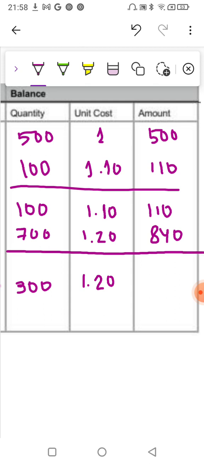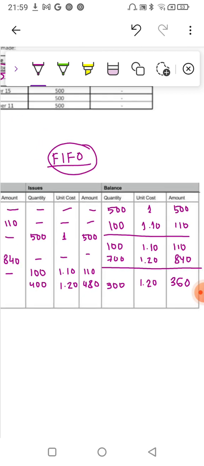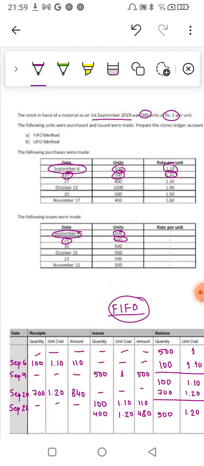So 300 into 1.20, if we multiply it, we will get 360. So 360 of the stock was remaining. We are done with September 22.